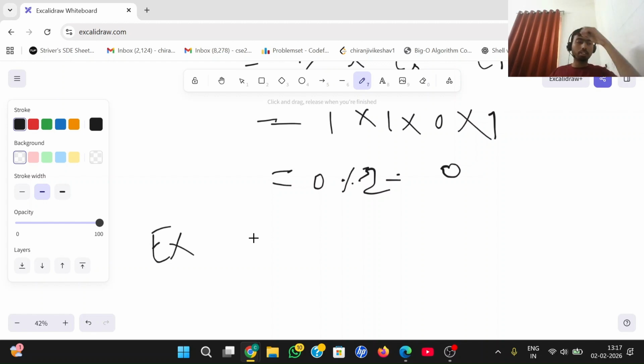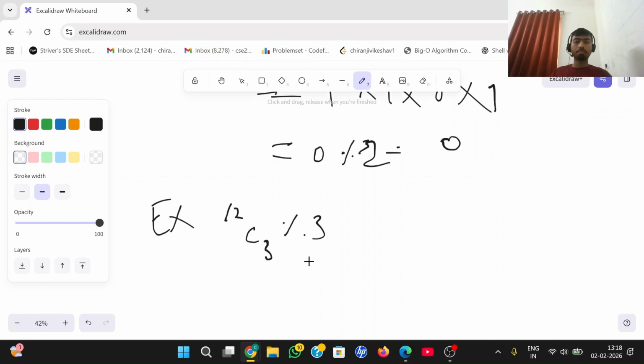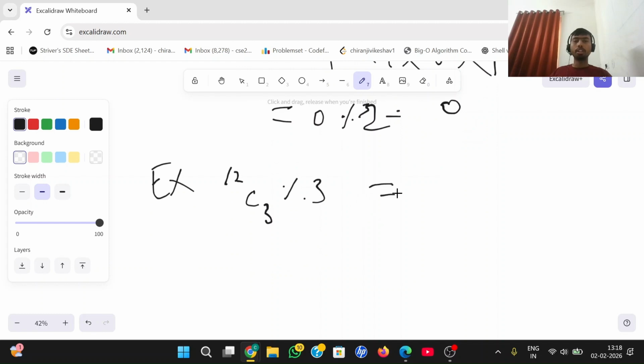Now let's take another example. This time I will take one where it is not going to be 0. So let's take 12C3 modulo 3. What is going to be the value of this expression using direct computation? 12 multiplied by 11 multiplied by 10 divided by 1 2 3.